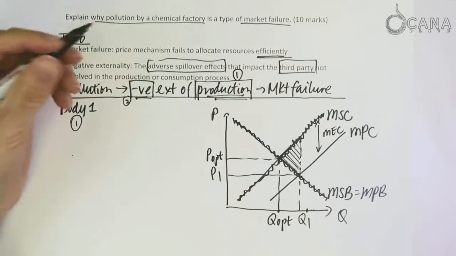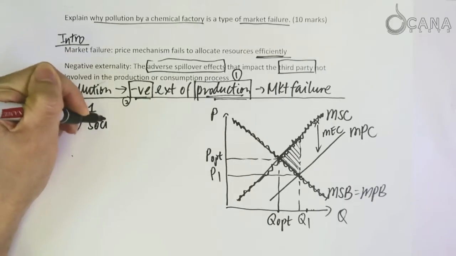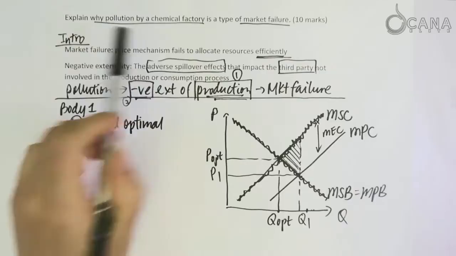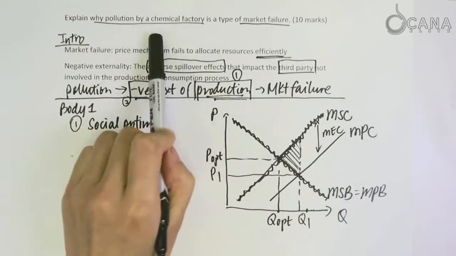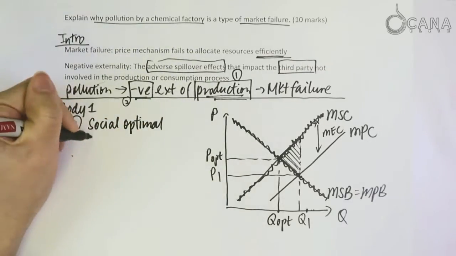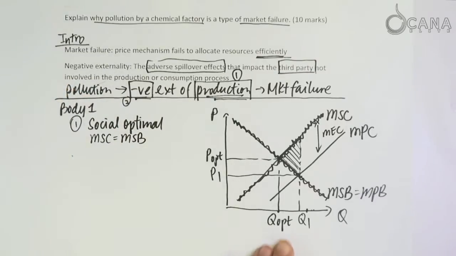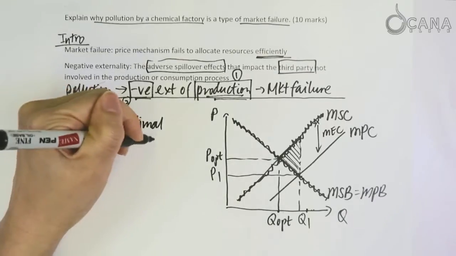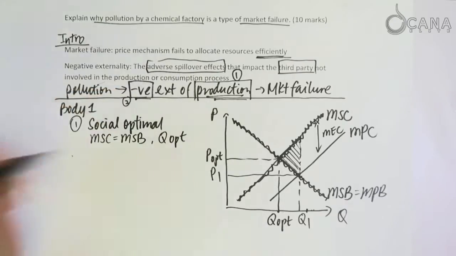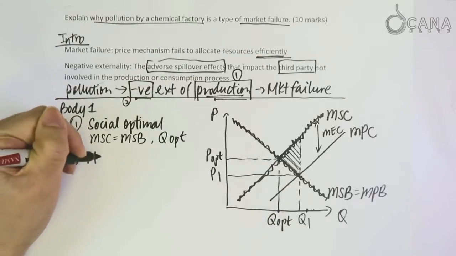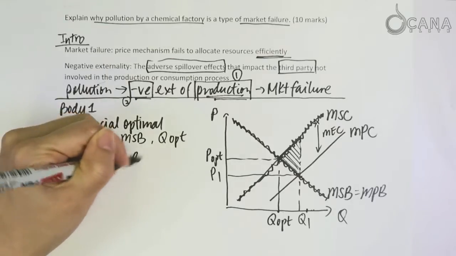Step 1, I would always explain that the social optimal point, for example in this case, is the production by chemical factory. So the social optimal point is where MSC equals MSB. And the ideal social output level is at Q opt. After identifying the desirable level of output by society, then we would go into the explanation of the market equilibrium.